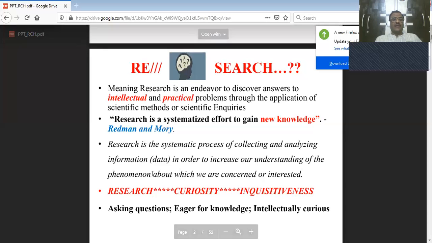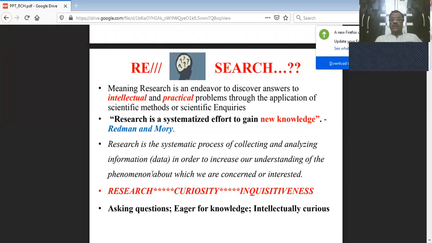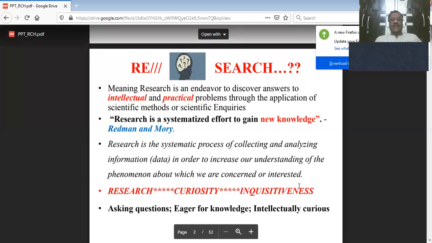That's what I said, making inroads into the phenomena and understanding it, and attempting to answer various kinds of interrelations and interactions of the variables, both dependent and independent together. And this is exactly the interest of any researcher.